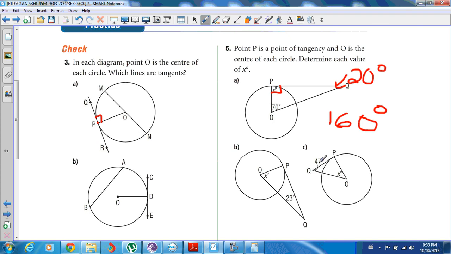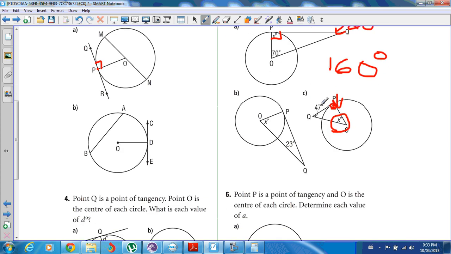Again, looking at this line, this is the tangent line right here. So we know that it's going to be 90 degrees right here at this angle. So we know this angle's 90. We know this is 47. Add the two of them up, and however much more we need to get to 180, that will be the third angle right here.